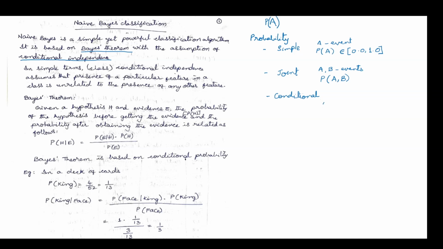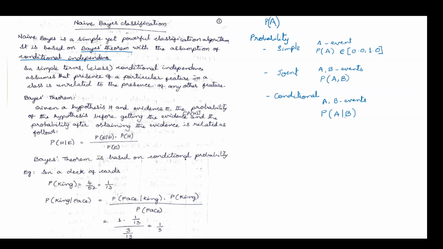Whereas if A and B were events again, conditional probability is read as P of A given B. This is the probability for a given event A to be true, provided we already know the event B to be true.